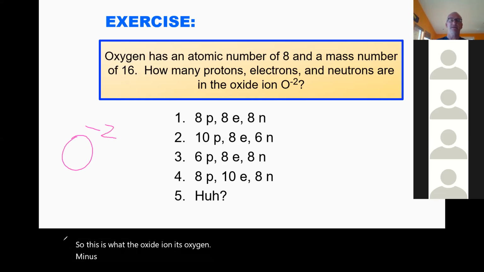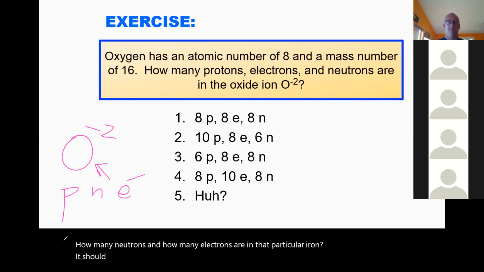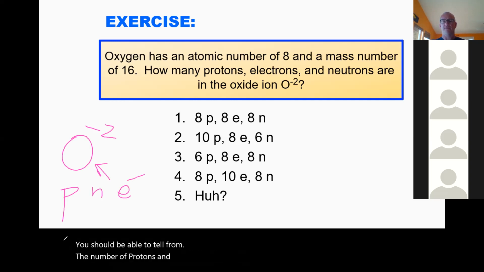So the question is, how many protons, how many neutrons, and how many electrons are in that particular ion? You should be able to tell the number of protons, neutrons and electrons just from that information.